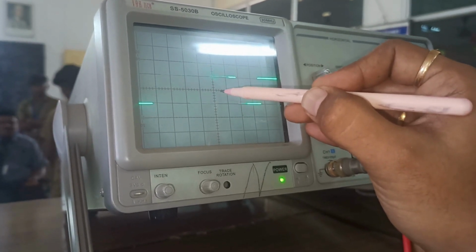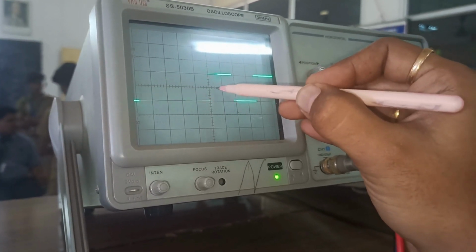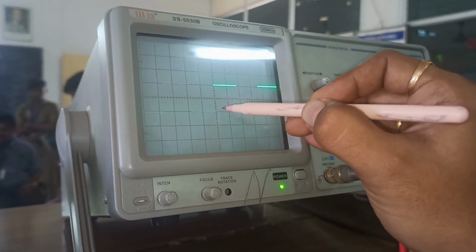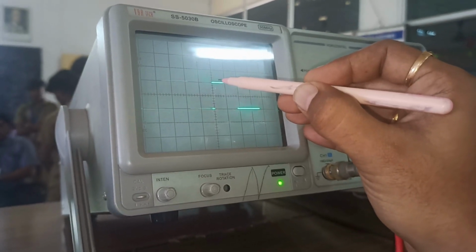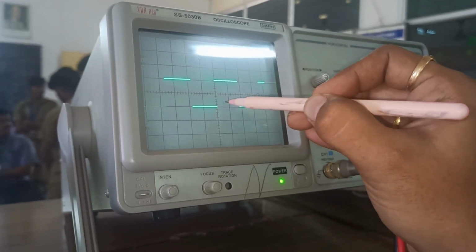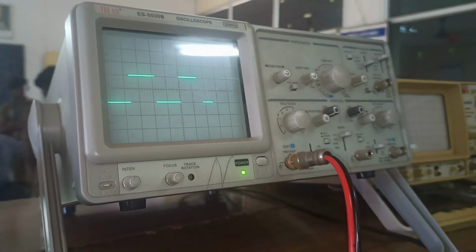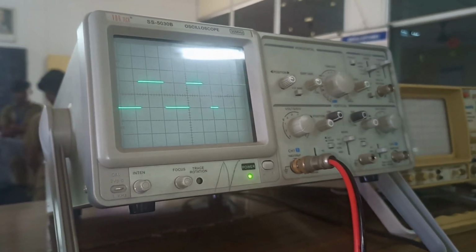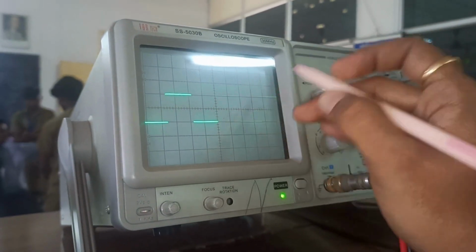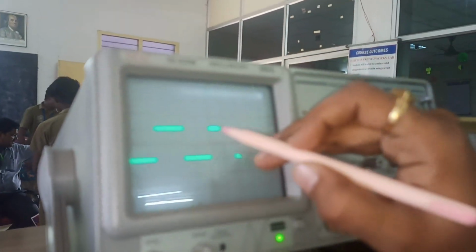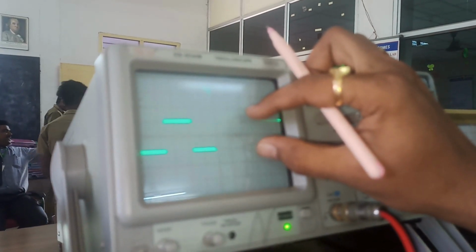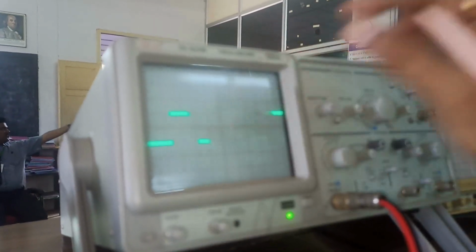Similarly, coming down, this magnitude is 1 and this magnitude is 1, so 1 plus 1 is 2 volts. The resultant amplitude is 2 volts multiplied by the voltage division 5, which is nothing but 10 volts. Now this reference signal magnitude from this point to this point is around 10 volts. This is the peak to peak voltage.